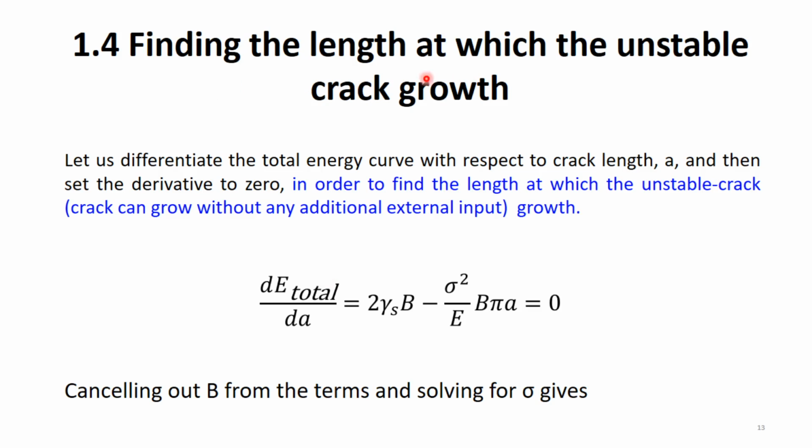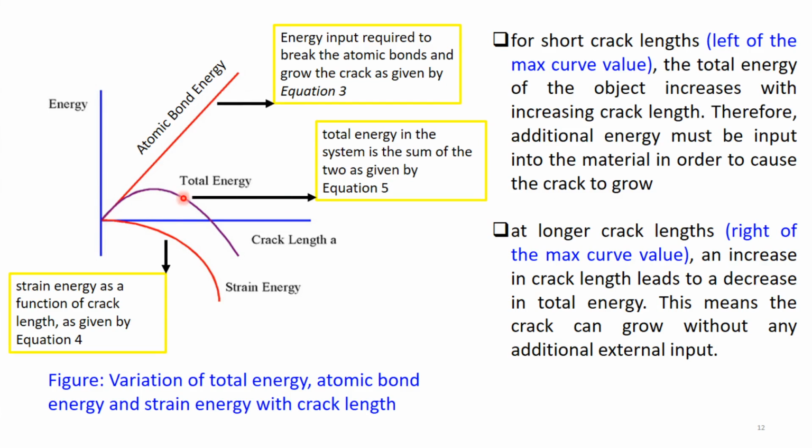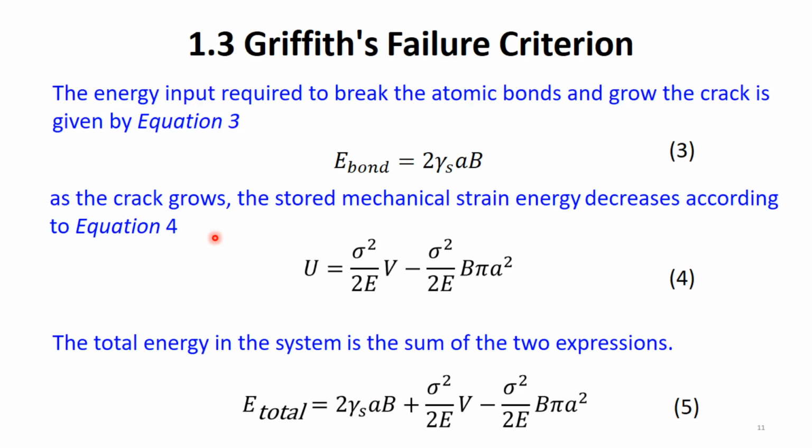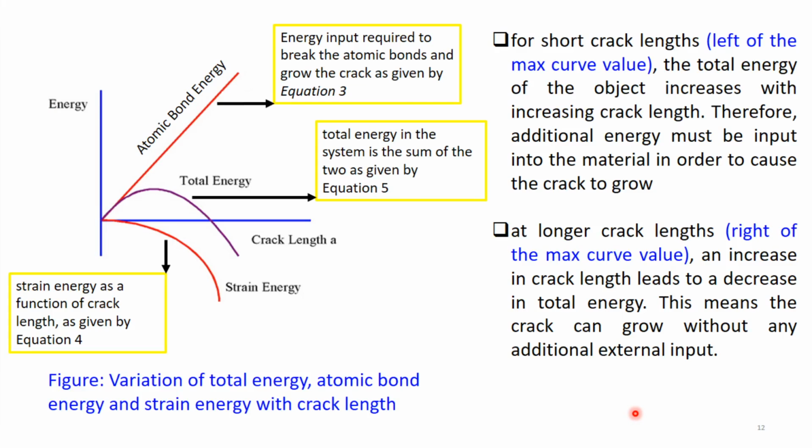Finding the length at which the unstable crack grows. So let us find that value of length. Let us differentiate the total energy curve. So we have this total energy curve given by equation 5.